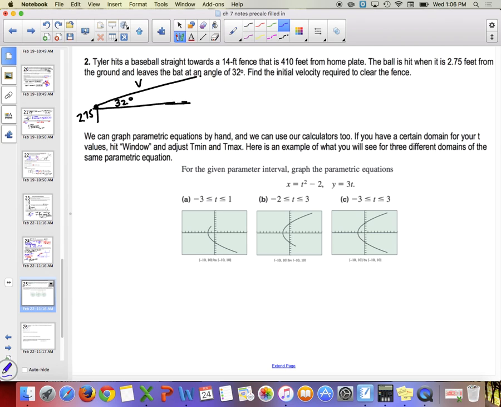And he's trying to hit it 410 feet from home plate, and he wants to clear a height of 14 feet. But obviously it's not just going straight up forever, it's going to come back down, right? So we have a little parabola situation going on.